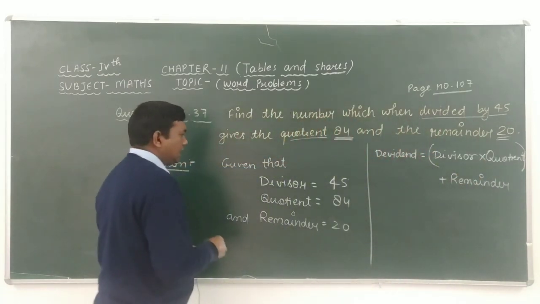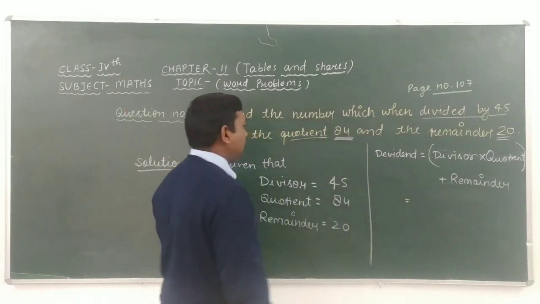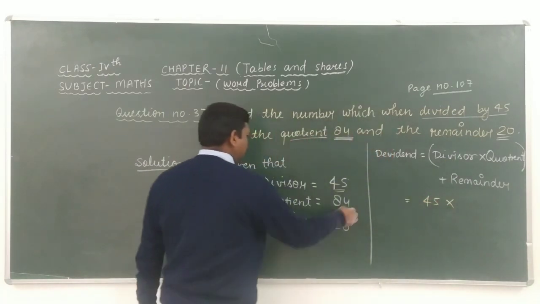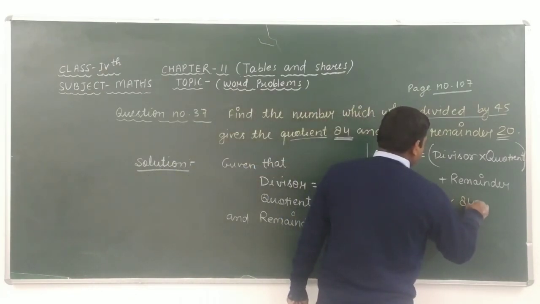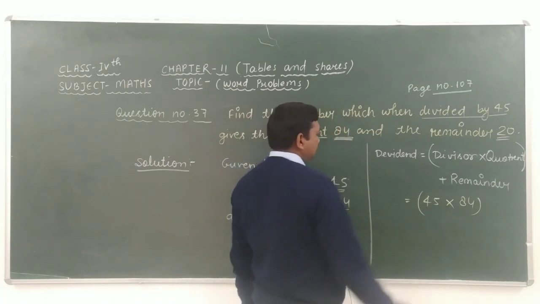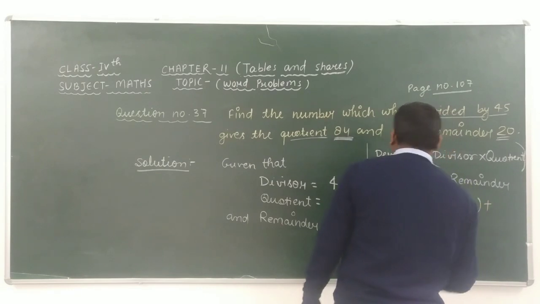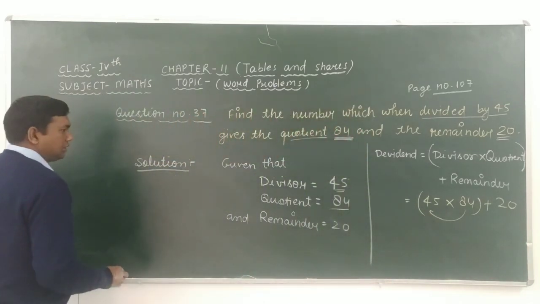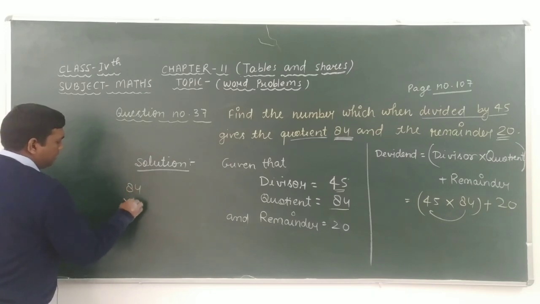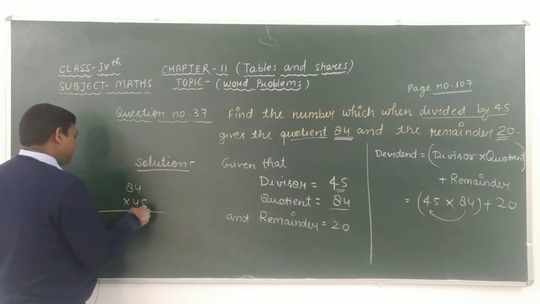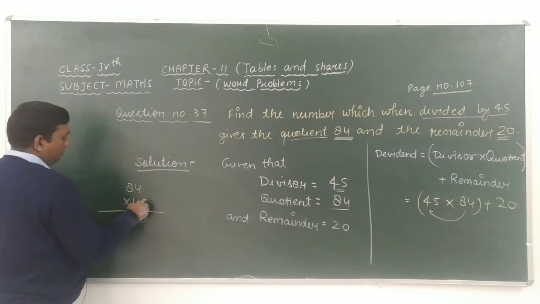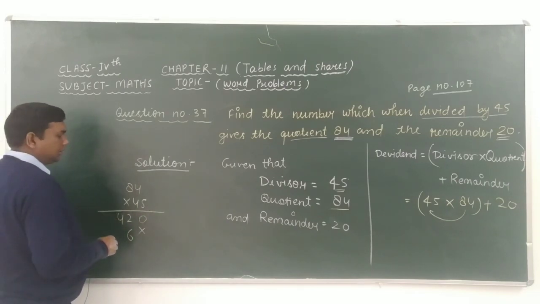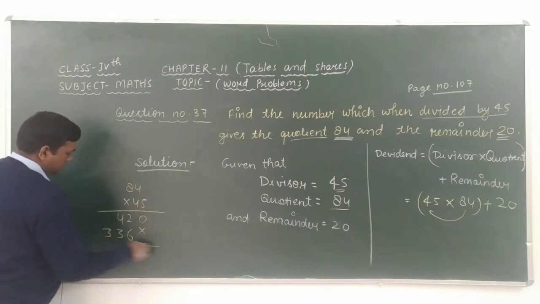Okay, students, it means that if we take 45 as divisor and 84 as quotient, after multiplying these and adding 20, we take the multiplication of 84 by 45. 5 fours are 20, write 0, 5 eights are 40, 40 plus 2 is 42, 4 fours are 16, 4 eights are 32, 32 plus 1 is 33.